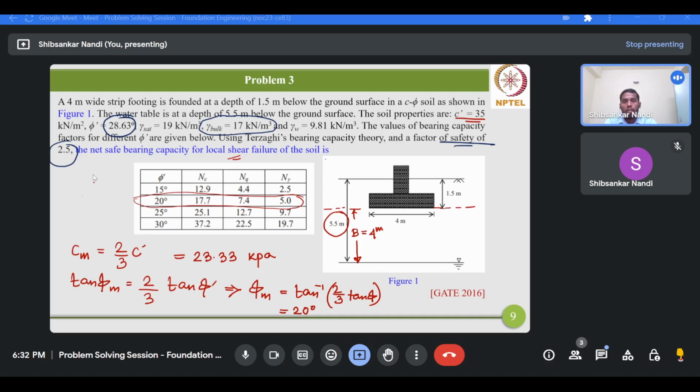However, for cohesive frictional deposit, you have to consider the load settlement behavior or the stress strain curve for determining the mode of failure. Okay, so since in this problem it is explicitly mentioned that you have to calculate the safe bearing capacity for local shear failure, you need not bother about that kind of stress strain characteristics of the given soil.